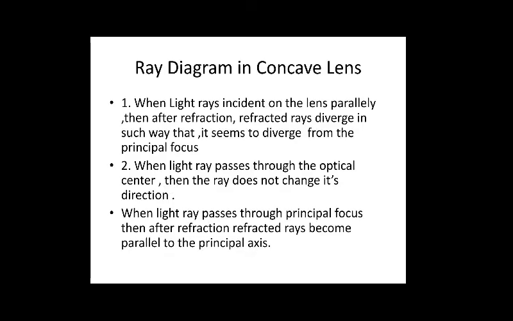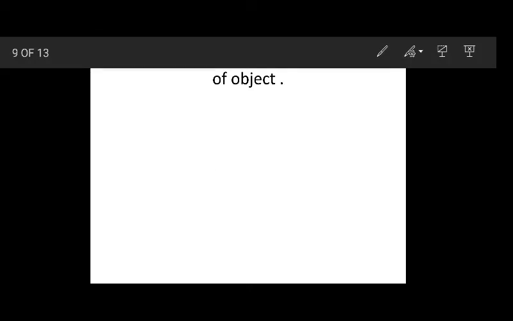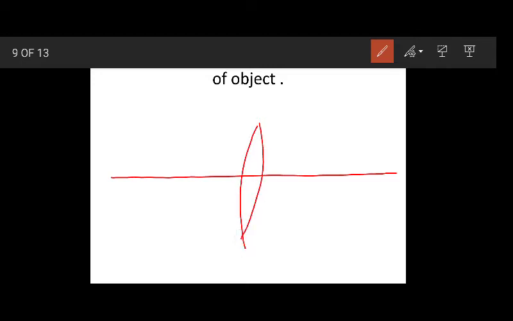Now, position of image for different position of object. In a very short way, think that this is the convex lens and this is F, I mean principal focus.